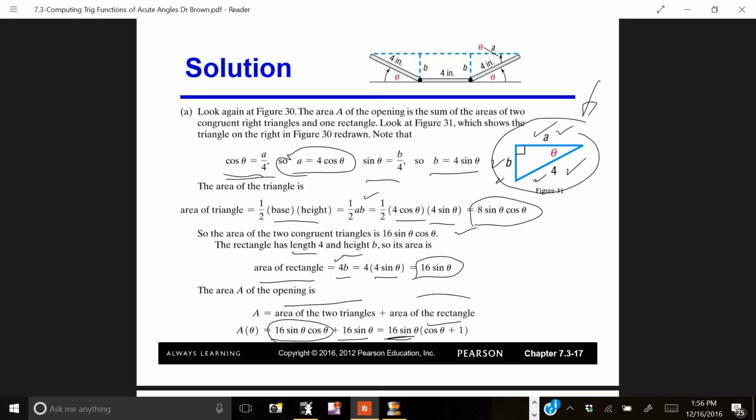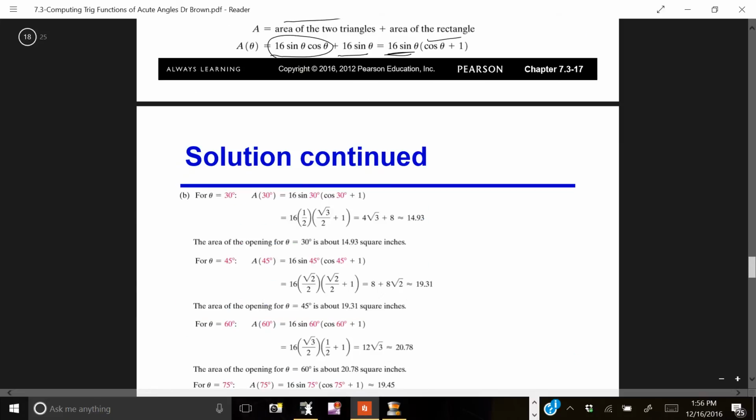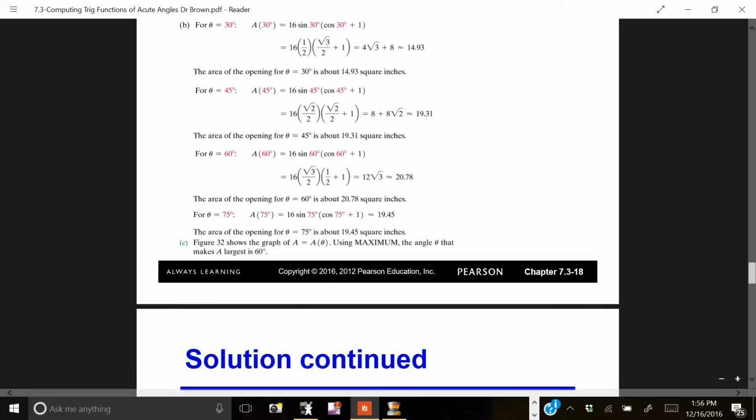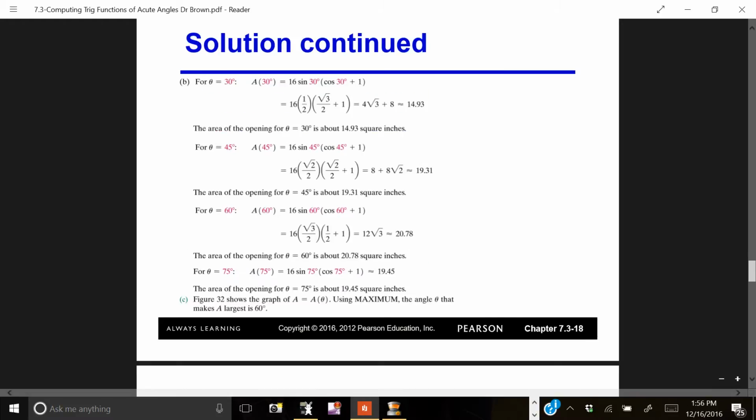Now, we want to see what the area would be for various values of theta. That's the amount that you bend the sheet metal up.